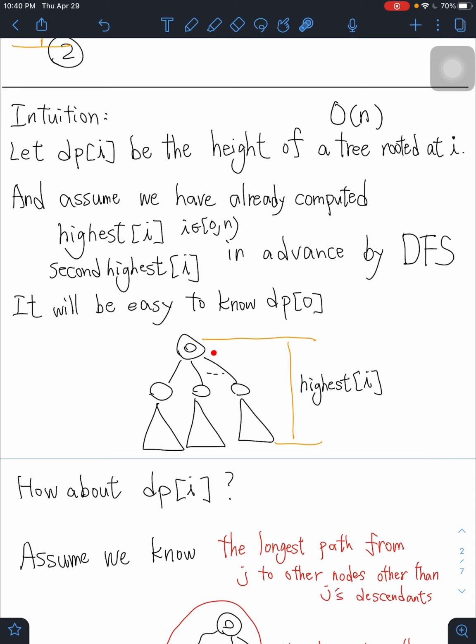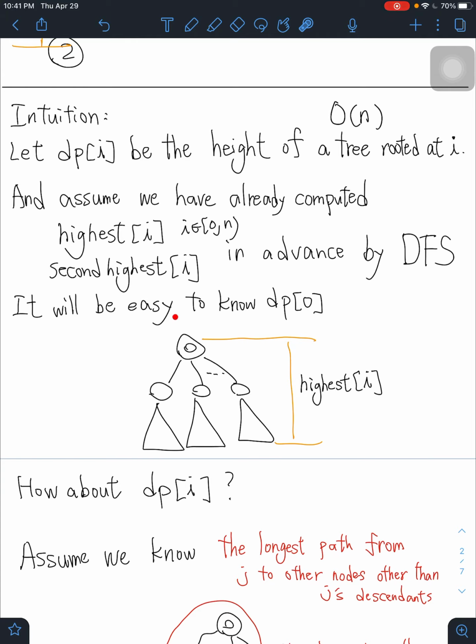Even though we have rooted our tree at 0, we can compute every node. For every node, we can compute the height of a tree rooted at i. Let's say we only go through constant iterations, and we can know this number. So let's assume we have already computed these two variables I have introduced in advance by DFS.